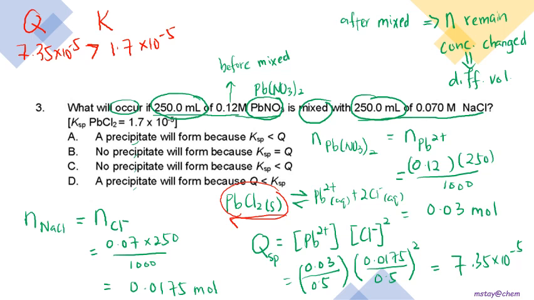So the answer is that a precipitate is formed. Options B and C are out because Q is larger than K. So the option is A. Normally we write it in the form of Q compared with K, but this time the answer is given in a different way of writing.